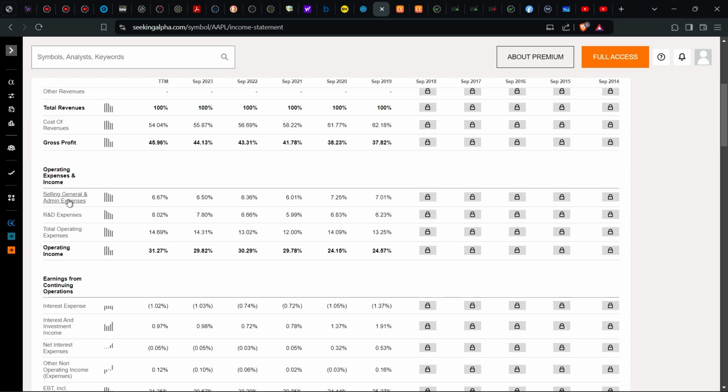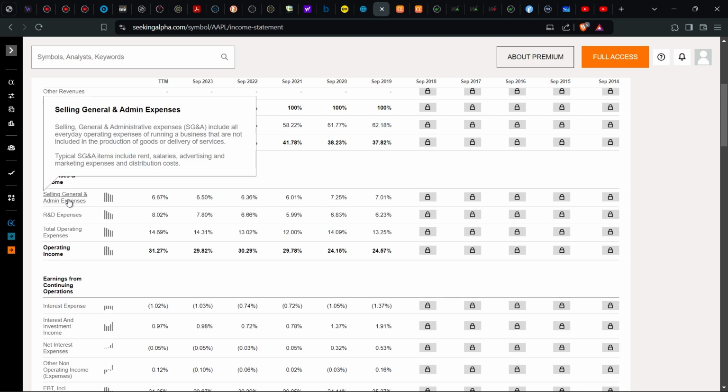Operating expenses and income. This is SG&A. It's called SG&A usually. You can see here SG&A. Selling, general, and administrative expenses include all everyday operating expenses of running a business that are not included in the production of goods or delivery of services.